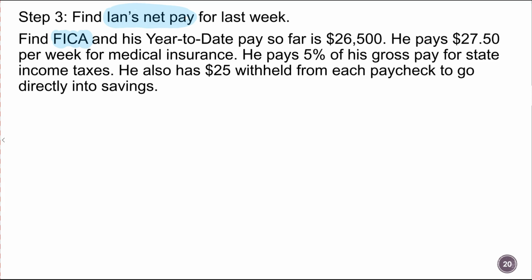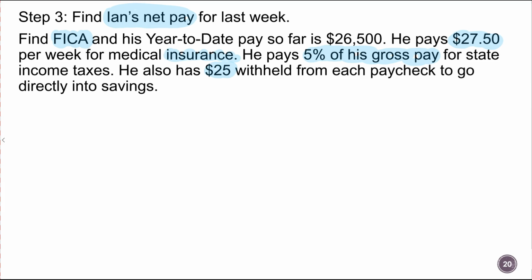So that means that there's no limit for him on this because he's not anywhere close to $128,400. He pays $28.50 for his medical insurance, 5% of his gross pay for state insurance. $25 is withheld from each paycheck to go directly into savings.